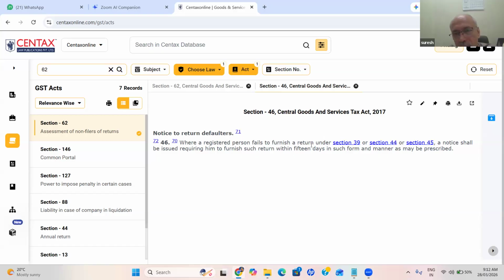This is very important: the period of notice is only 15 days, not more, not less. So a 46 notice can be issued even for non-filing of annual return, but this annual return non-filing will not trigger section 62. Am I clear? Yes, sir.